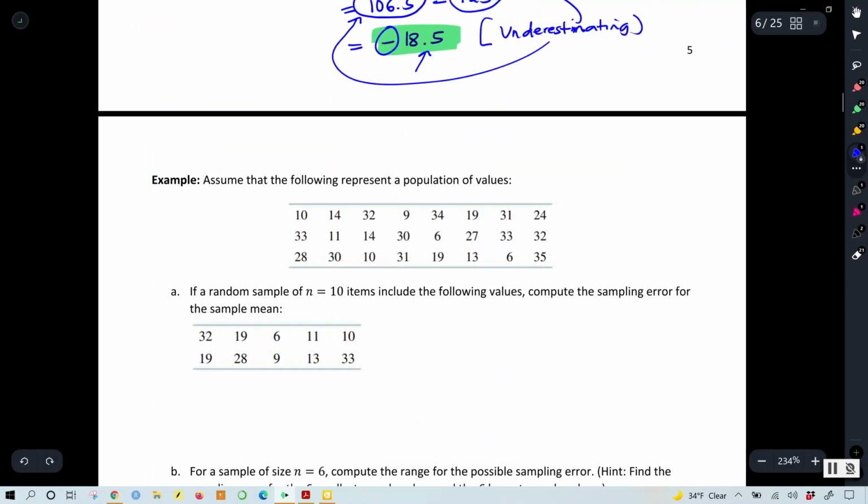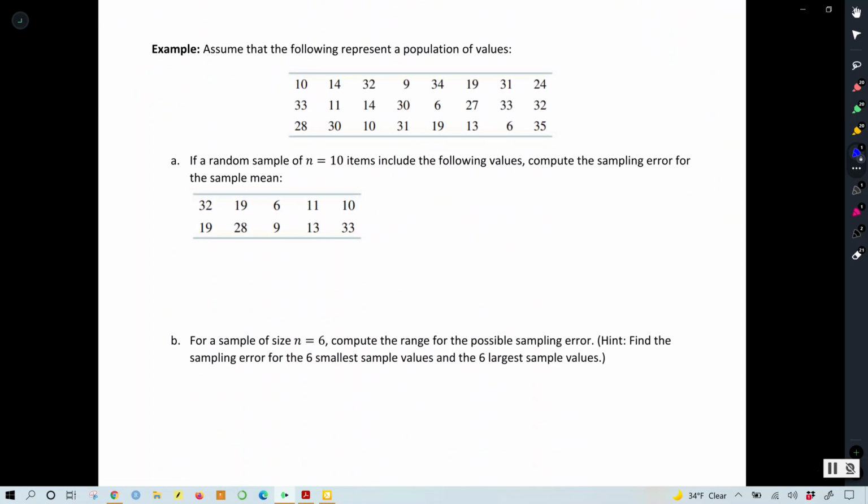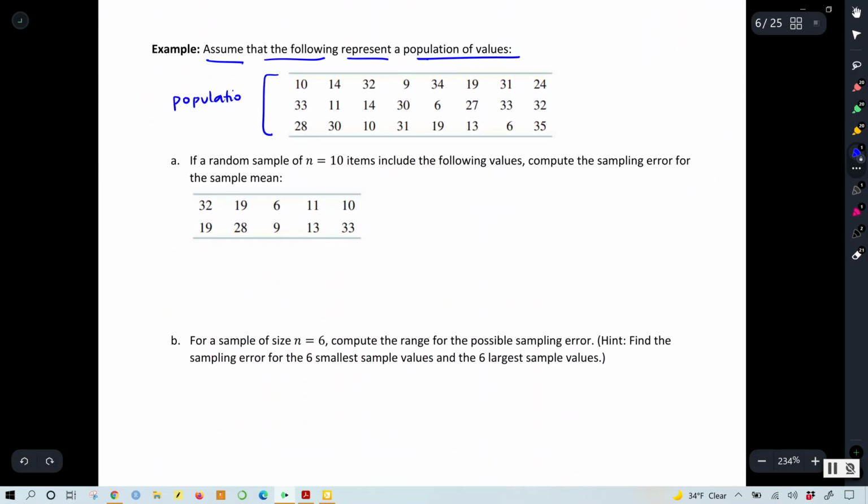With that said, let's see another example. We're told to assume that the following represents a population of values. So these are population values. And then question A, if a random sample of n equals 10 items includes the following values, that is, these are sample values, I am expected to compute the sampling error for the sample mean.